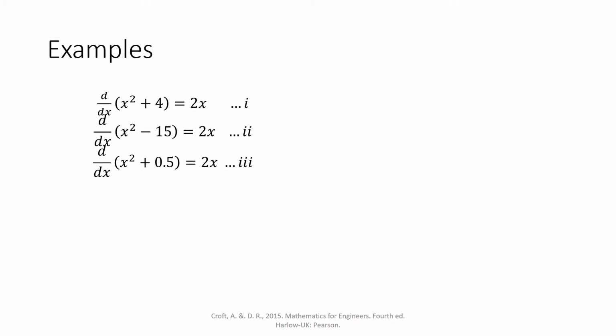It means the integration of all these three things, which are the same but come out different: 2x one time gives x square plus 4, another time it is minus 15, the last time it is 0.5. So we need to cope with this situation, and the integration of 2x we can say is x square plus c. So in the first case c is 4, in the second it's minus 15, in the third it's 0.5.